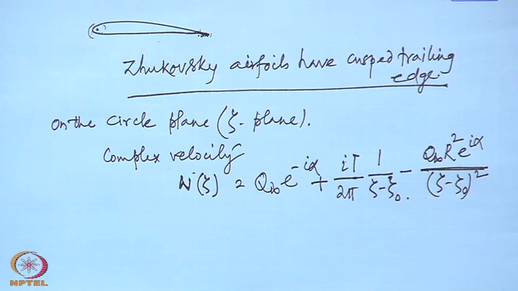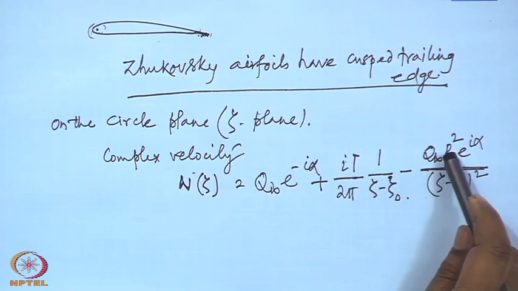Mu equal to 2 pi r square u infinity, if you remember. If r is the radius of your circle, then the doublet strength must be 2 pi r square u infinity.